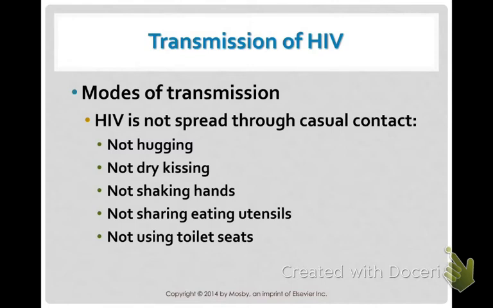It's not your typical transmission. Not even through blood, right? Used to, people thought they could have contracted it from blood because they didn't test it as much as they do now. But now, they really test the blood when people give blood. So much so that you can't get it from giving blood either.